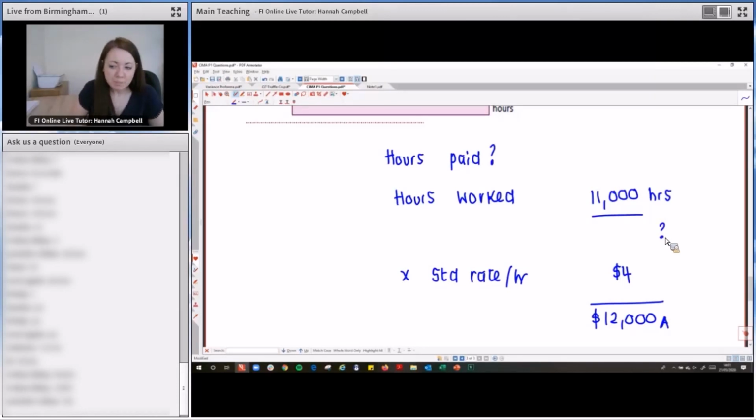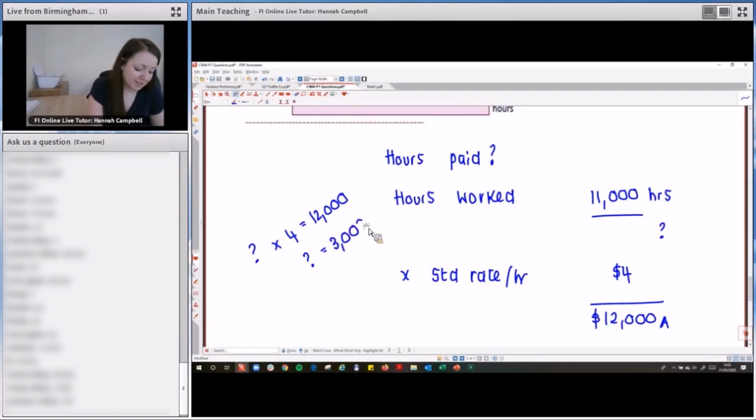So if something multiplied by 4 equals 12,000, we need to rearrange the equation, so we divide both sides by 4. So the something would be 3,000. Okay, so the answer to this part is 3,000 hours adverse.